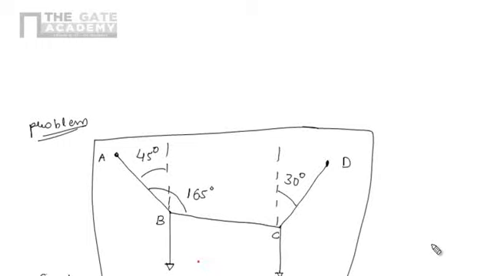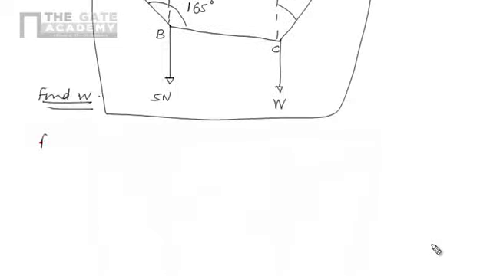So we can say that the system is in equilibrium, and we can easily apply the conditions of equilibrium. For solving any problem based on equilibrium, first of all we have to draw the free body diagram.